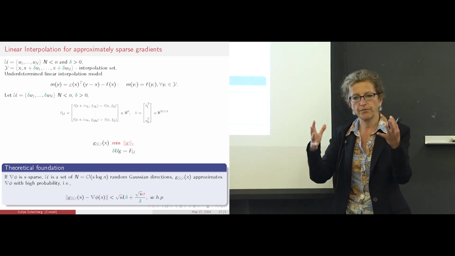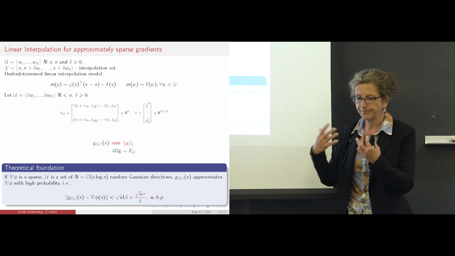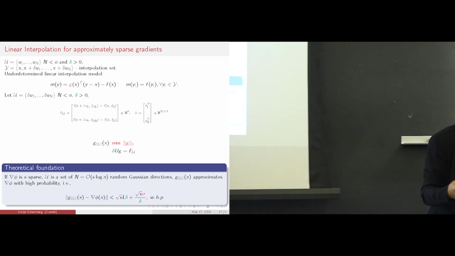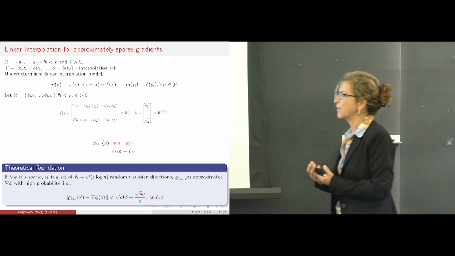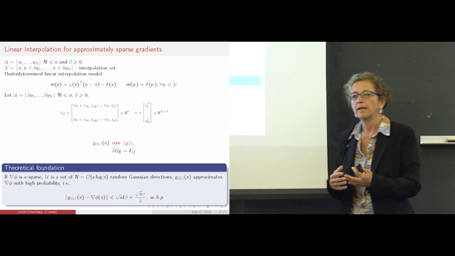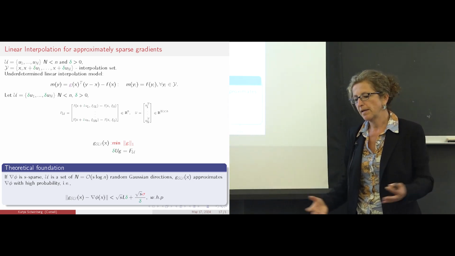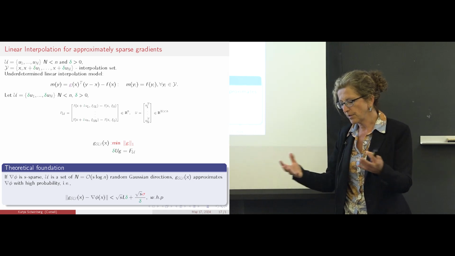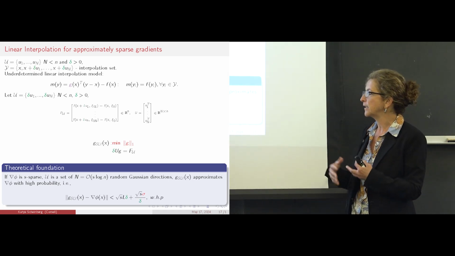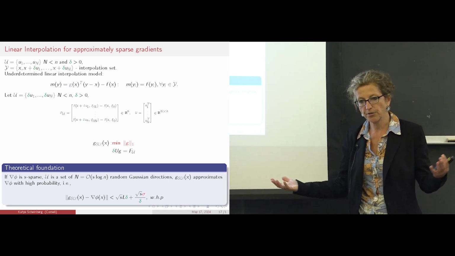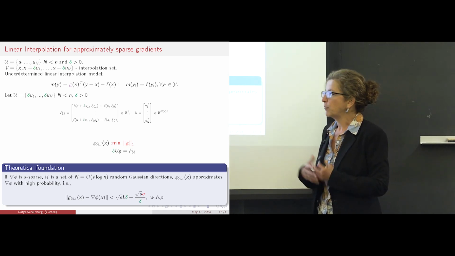The standard kind of sparse signal recovery situation. I have a sparse gradient in a million-dimensional space. If the number of non-zeros in the gradient is 100, I don't need to sample nearly as much. And what do I get?